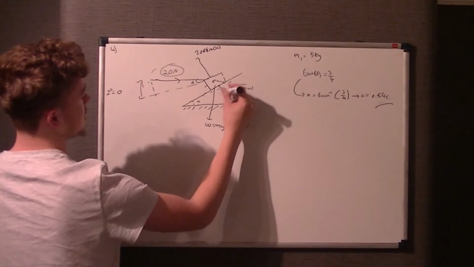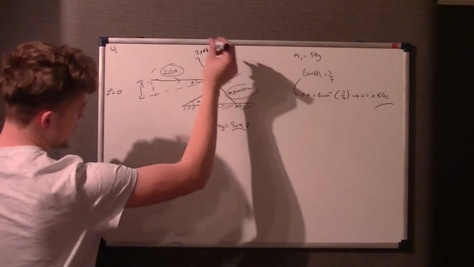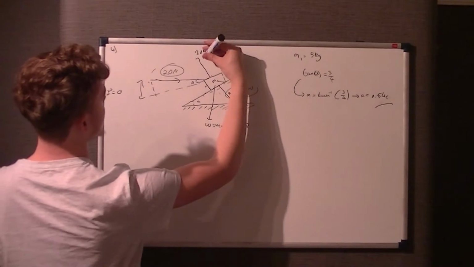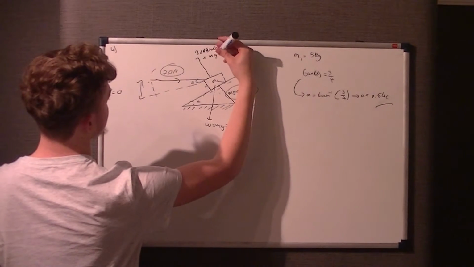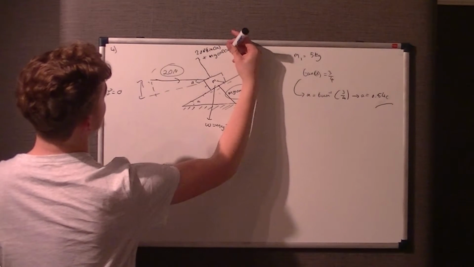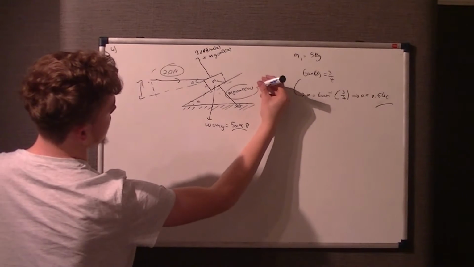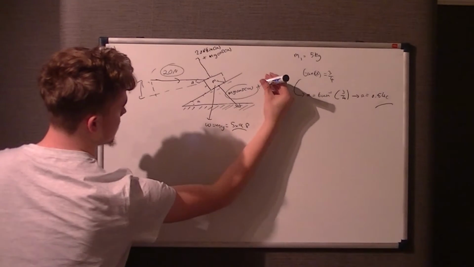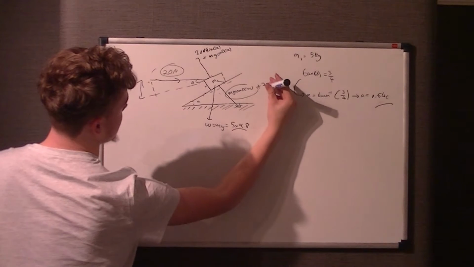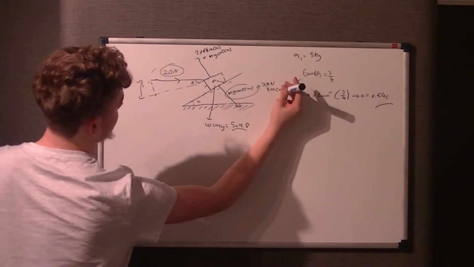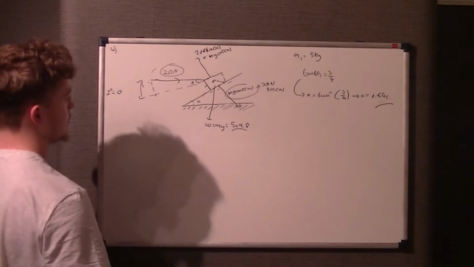But we also add the mg cos theta to that as well, because we need to stop it falling into the mass or taking off. So that's mg cos theta, or cos alpha, sorry. To make them equal to each other, we add 20 newtons sine theta, or sine alpha, to this. I keep referring to it as theta because it sounds better.